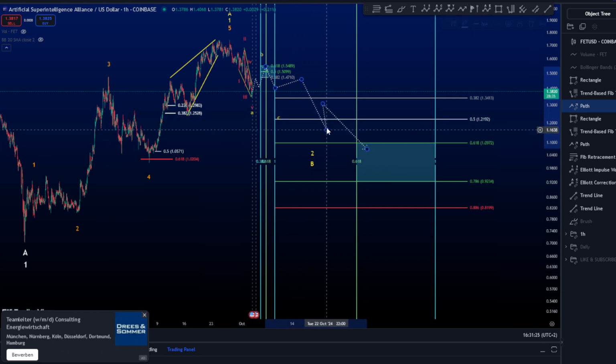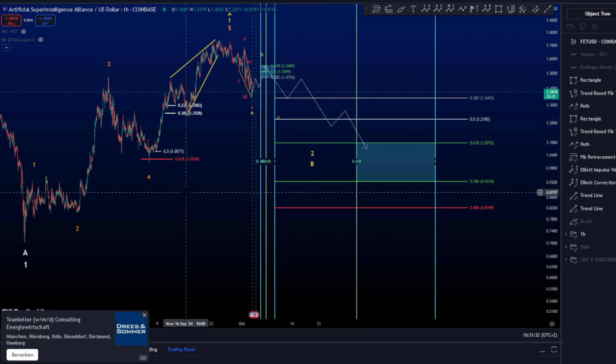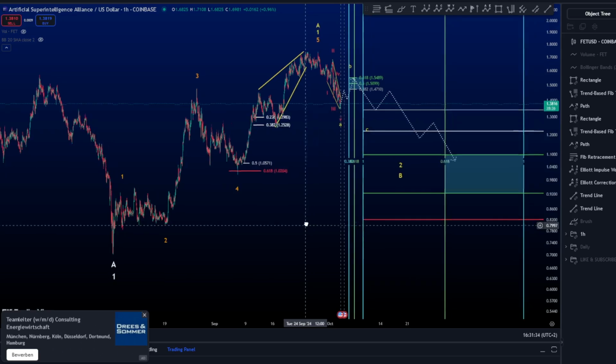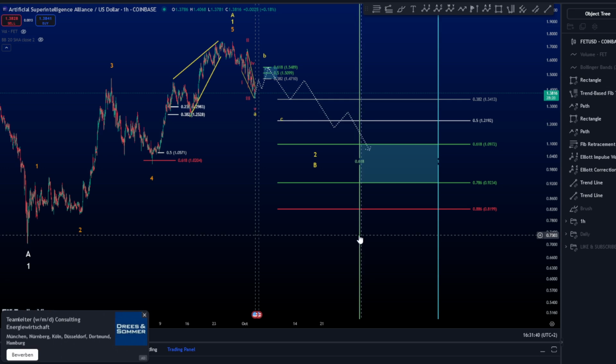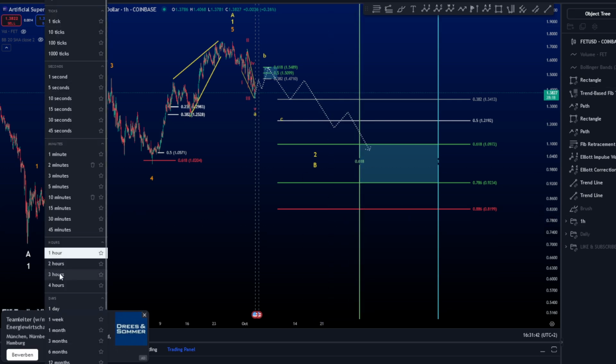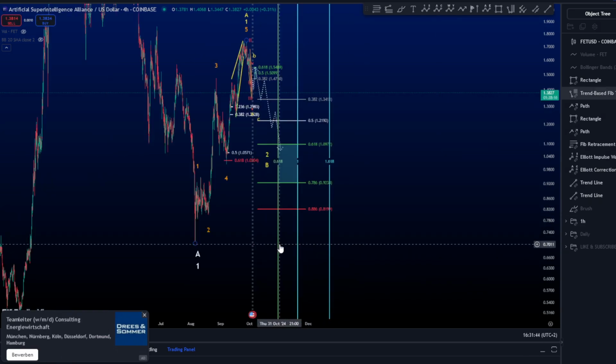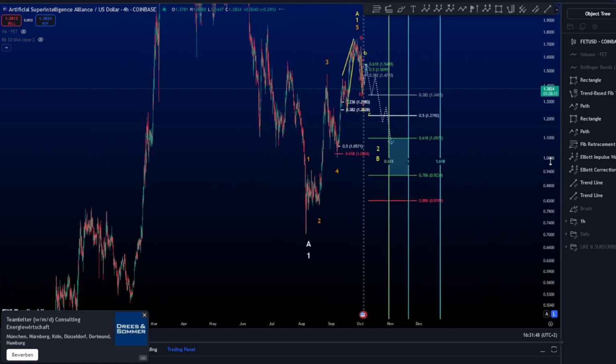Here we go. This is your 4, 5, and this is your 1. So this is what we might see in the next days, of course, until we reach wave 2 and to be again impulsive. It might start in 29 October, 2024.